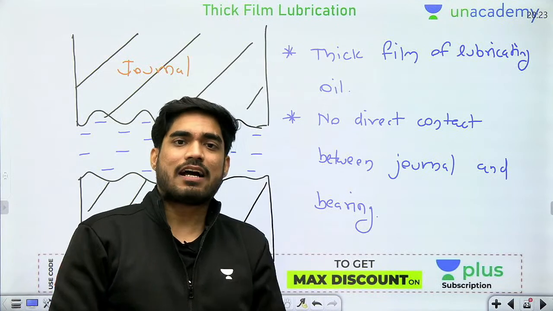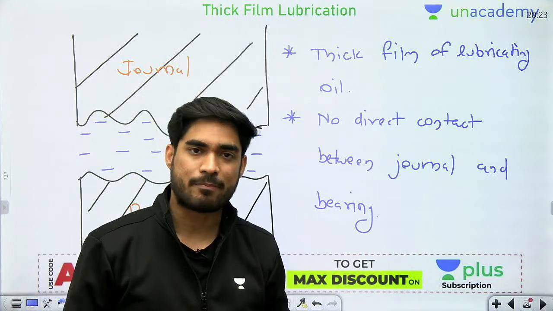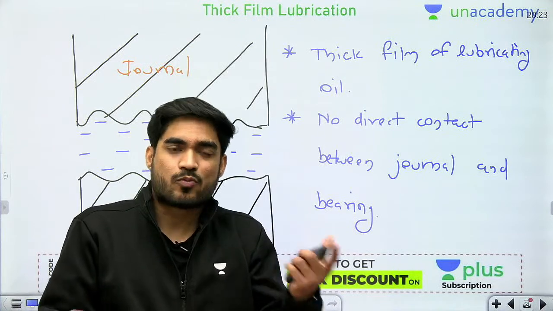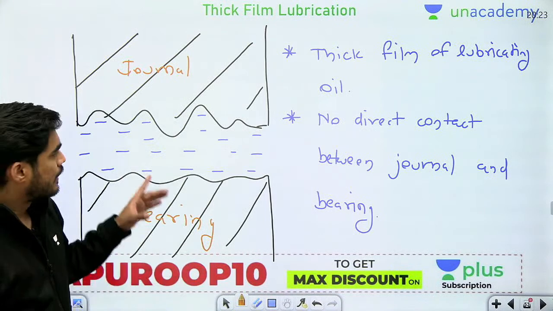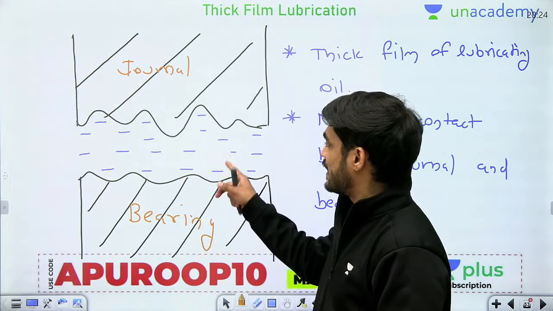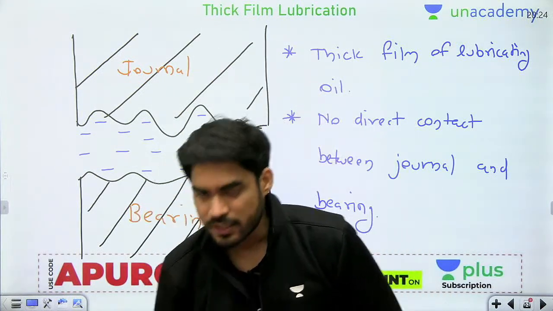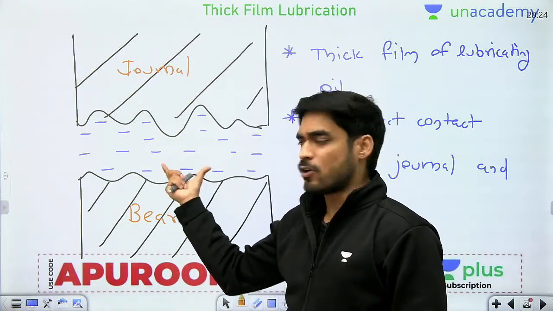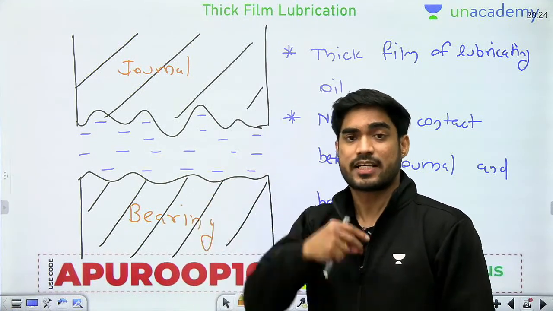But if the air is at atmospheric pressure and I put the weight on the chamber, the weight will fall, because the air at atmospheric pressure will not be able to support the load. So if the lubricating oil is not pressurized, then it will not hold the weight of the journal, right? So beta, this lubricating oil which is between the journal and bearing must be pressurized. It must be at high pressure.